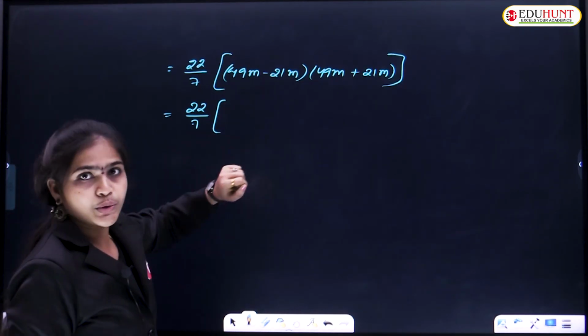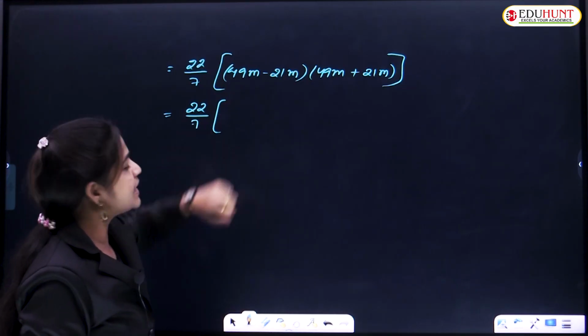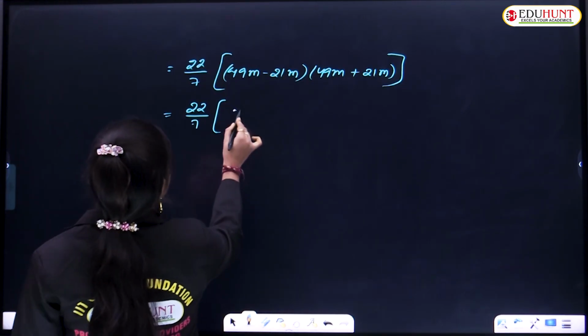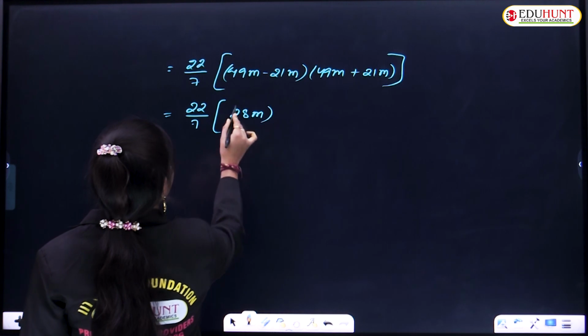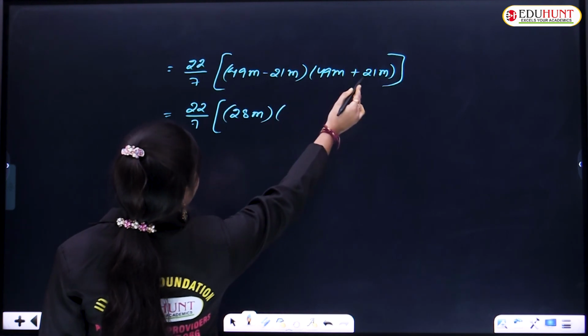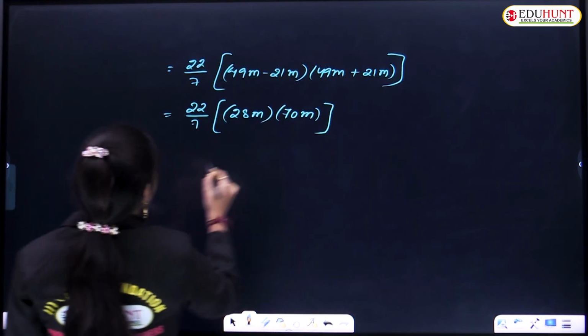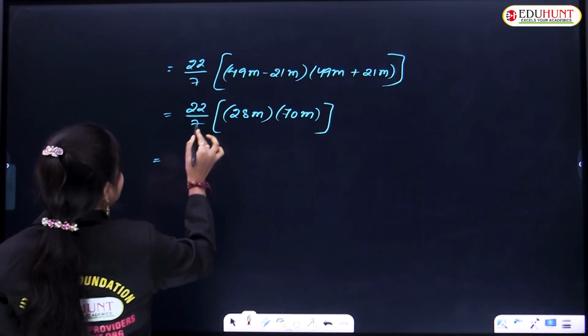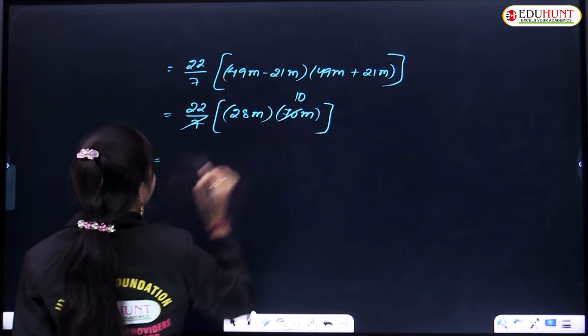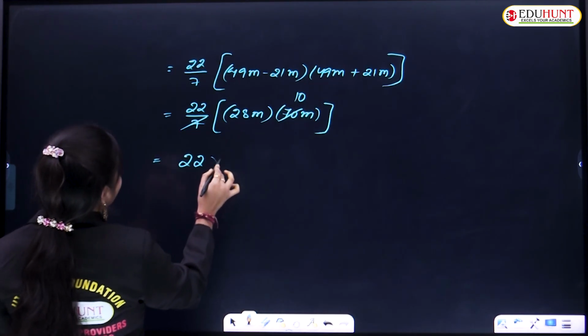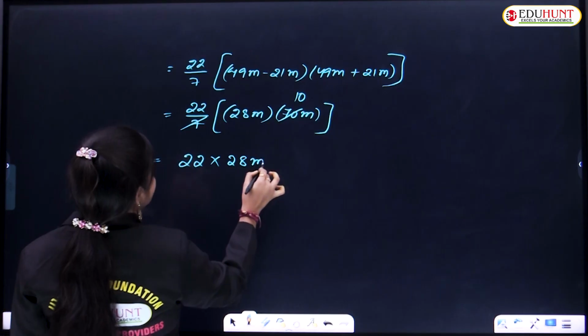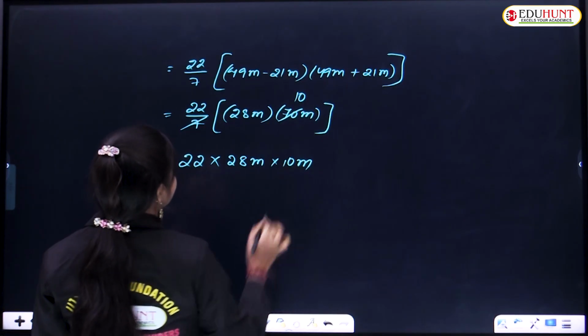Which is equal to 22 by 7 into 49 minus 21, that is 28 meters, into 49 plus 21, that is 70 meters. Clear ma? Now here cancellation, see that 7 ones are 7, 7 tens are 70. Then here 22 into 28 meters into 10 meters.